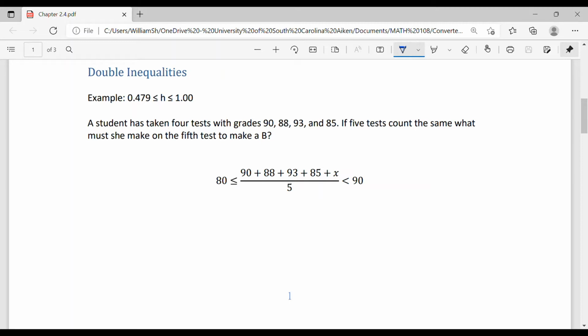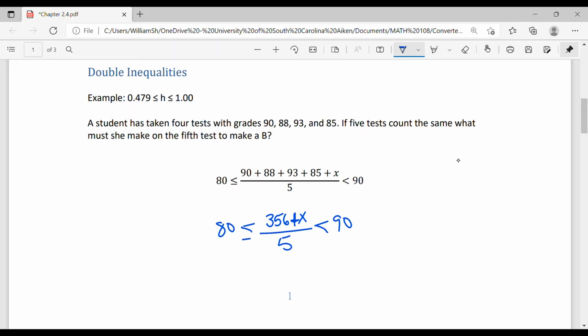Now, if we go ahead and simplify this and solve for x, we'll know what she needs to make on her next test in order to make that B. The first thing I'm going to do is add up 90, 88, 93, and 85, and that'll give me 356. So just doing a little simplification here.